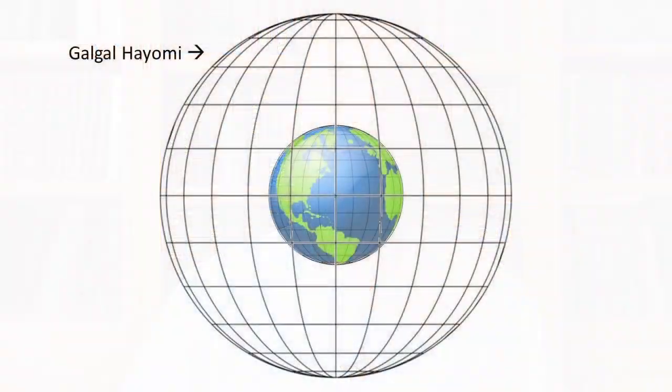The Galgal Hayomi, the invisible sphere that turns all of existence daily around the Earth, has the same orientation as Earth. That means its top and its bottom is also directly north and directly south, and its equator runs directly from due east to due west. So essentially, the lines of longitude and latitude on Earth can also be extended outwards and applied to the Galgal Hayomi.